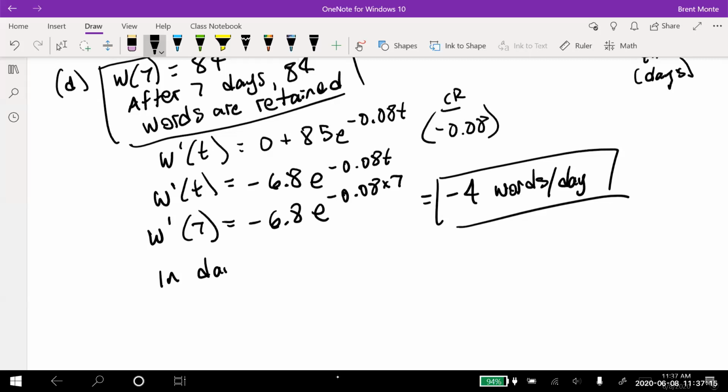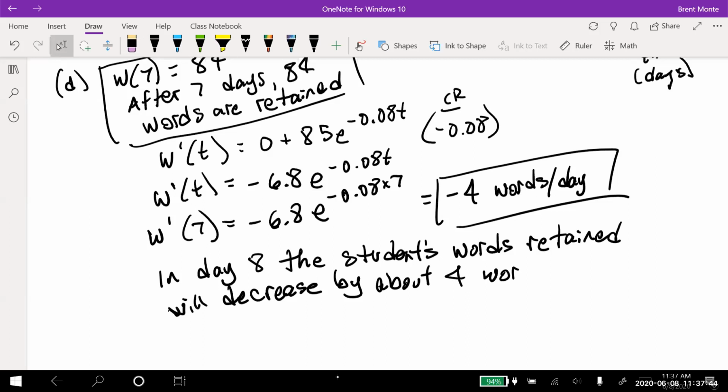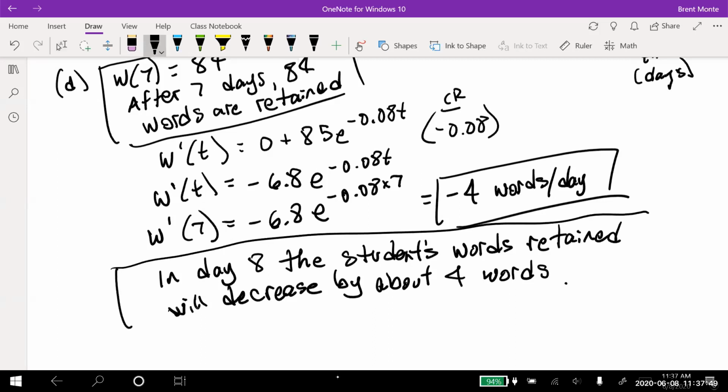In day 8, we'll say this way, the student's words retained will decrease, since it's negative, by about 4 words. And we don't have to say words per day because it's in day 8. We're talking about which day that is.